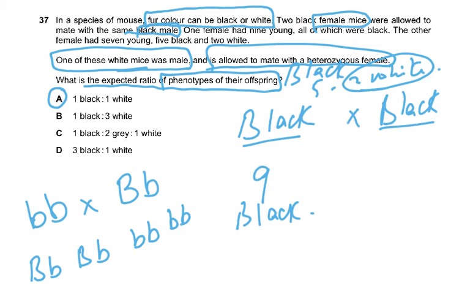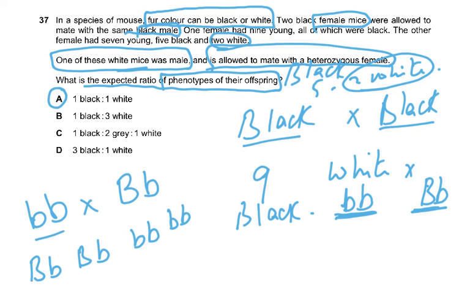One of these whites, white being small b, was mated with a heterozygous female, which has to be big B, small b. The white has to be the recessive trait, homozygous recessive, it can't be anything else. If it said 7 young with 2 white, white is the recessive trait. So the white had to be small b, and then it was crossed with a heterozygous female.